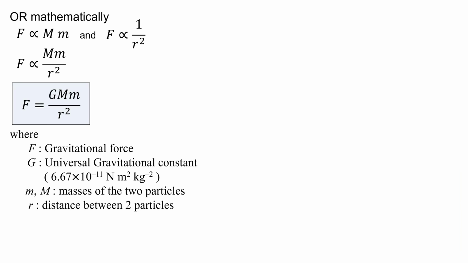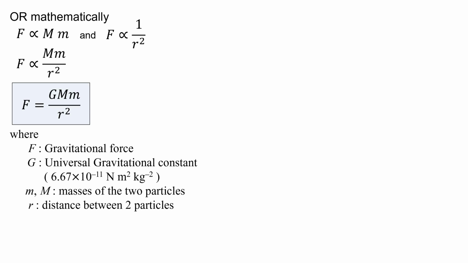Or, mathematically, we can also write Newton's law of gravitation as F directly proportional to the product of the two masses, and F inversely proportional to r squared.